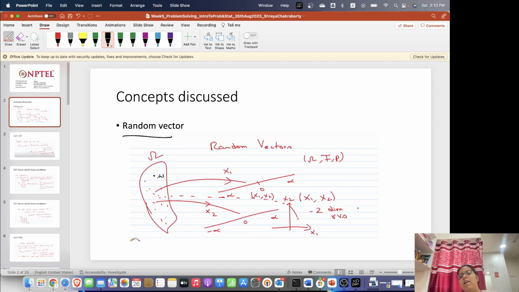Similarly, if we had d elements in the random vector, then we would be looking at a point in the d-dimensional space. So this is very useful in real world situations when we have to model two or more random variables together.